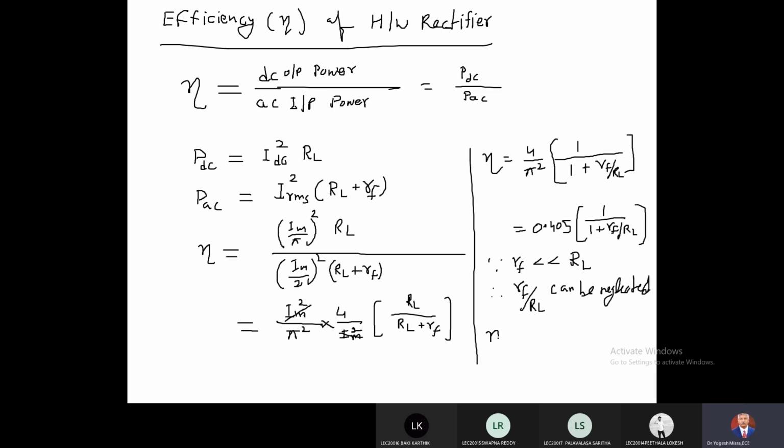So in this way, the efficiency you will get is 0.405. In terms of percentage, it will be 40.5. This is the efficiency of the half wave rectifier.